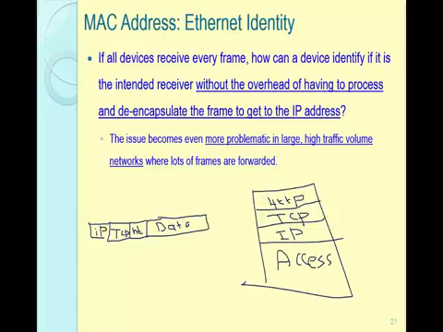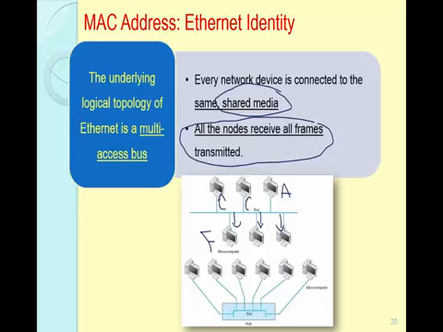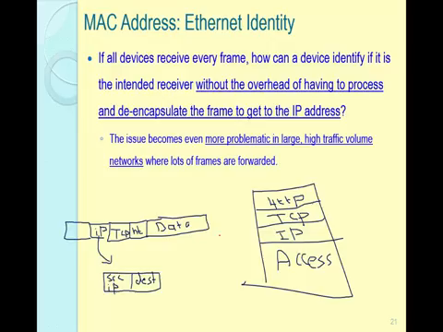But before we talk about adding the DLL header, if we zoom in on that IP header, what's inside it, among many other things, is the source IP address and the destination IP address. So you might be thinking we can solve our problem by, when node A specifies node F, all the nodes need to do is just peek inside the IP header to tell who the destination is.